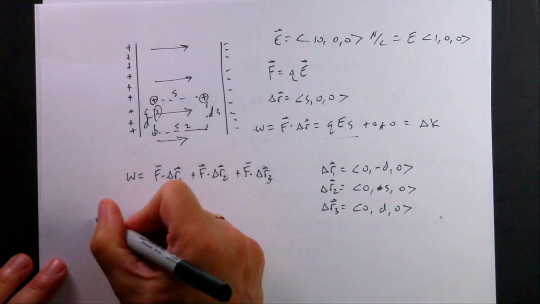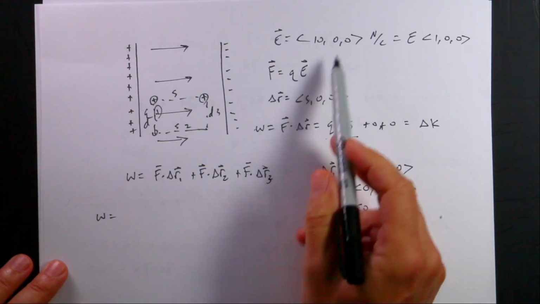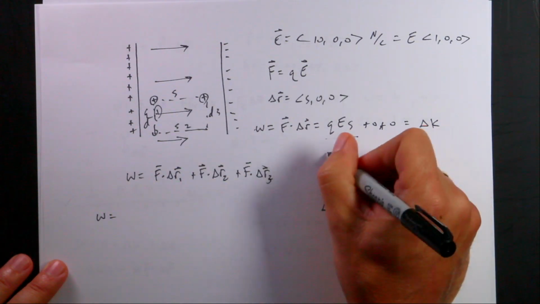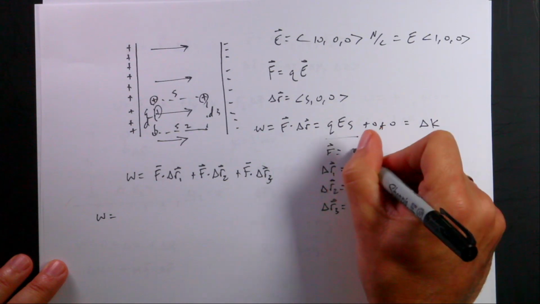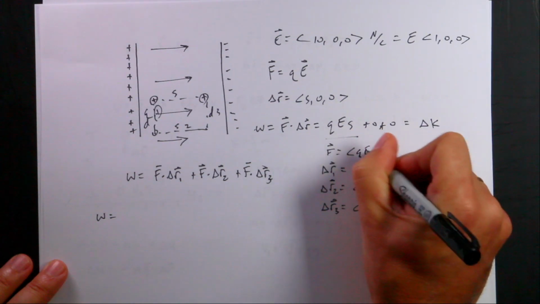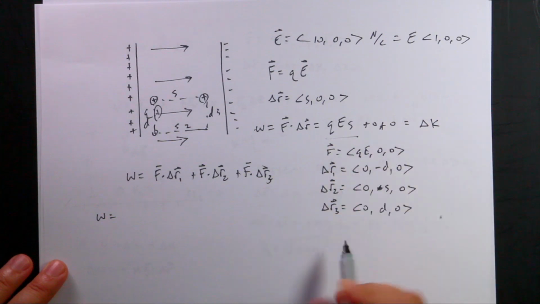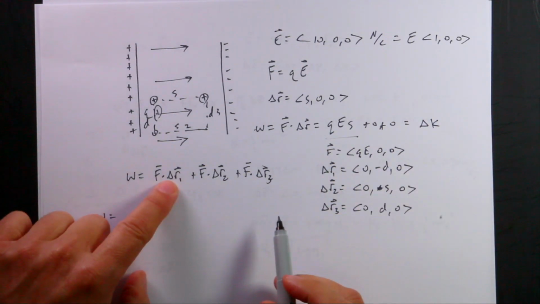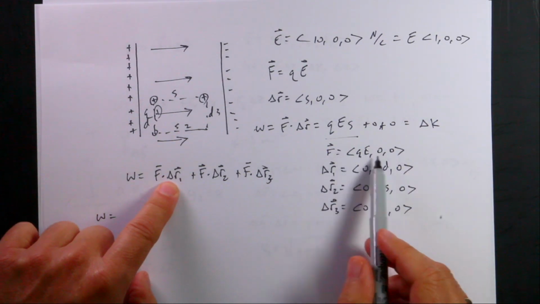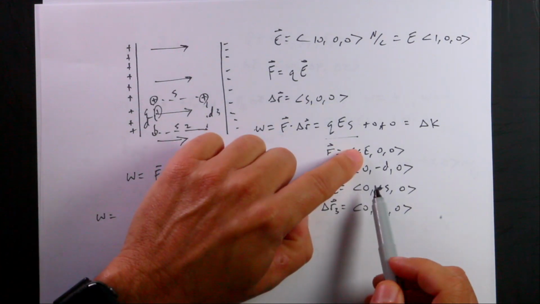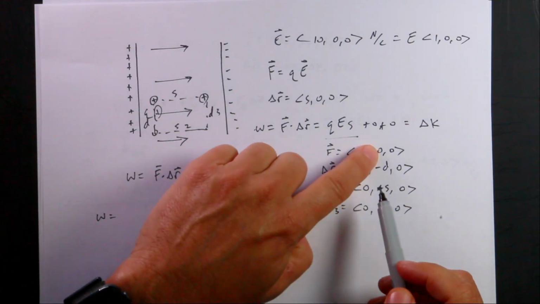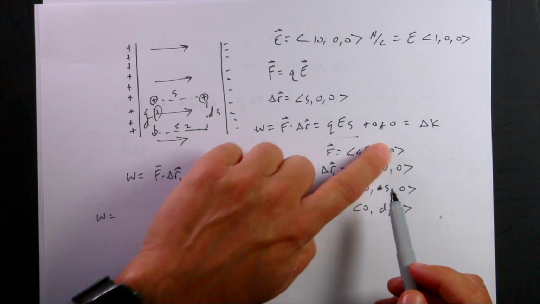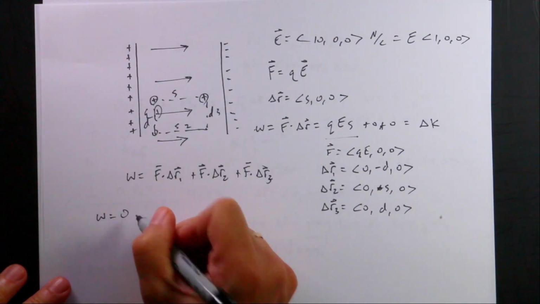So if I do this work, I know my expression for my force. Let's write that as F equals QE, 0, 0, because it's only in the X direction. So if I take this first dot product, F dot delta R1, it's going to be QE times 0, which is 0, plus 0 times negative D, which is 0, times 0 times 0, so 0.